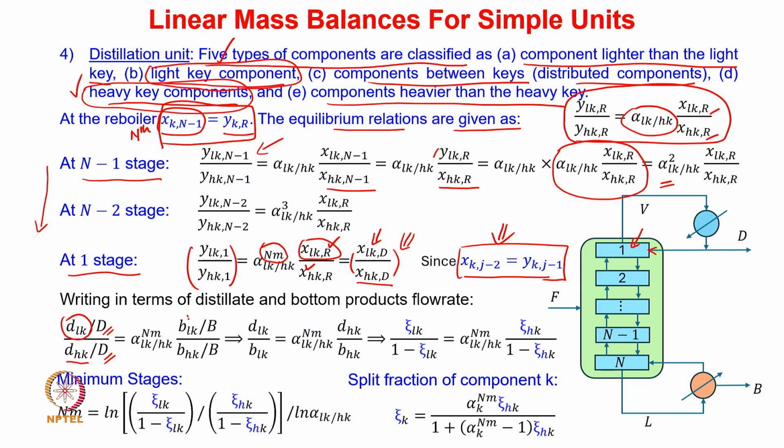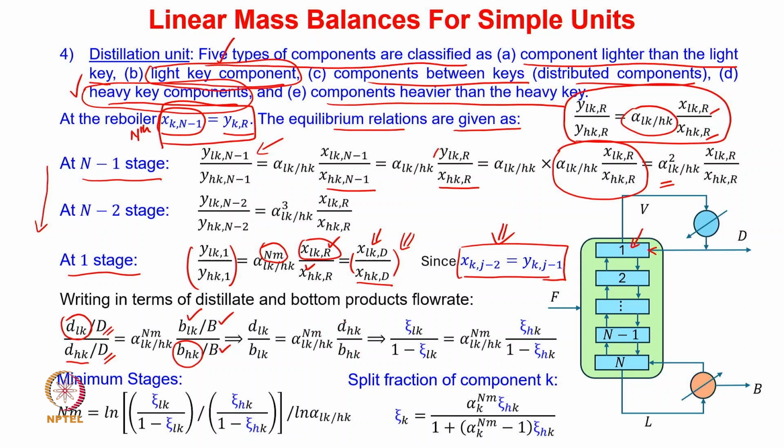It is nothing but the molar flow rate of the light key component in the bottom product divided by total bottom product. Similarly xhkr is nothing but molar flow rate of the heavy key component divided by the total bottom product, isn't it? So now with this we can further simplify this particular equation as dlk by blk, and that is given as alpha lk by hk raised to the power nm into dhk by bhk.